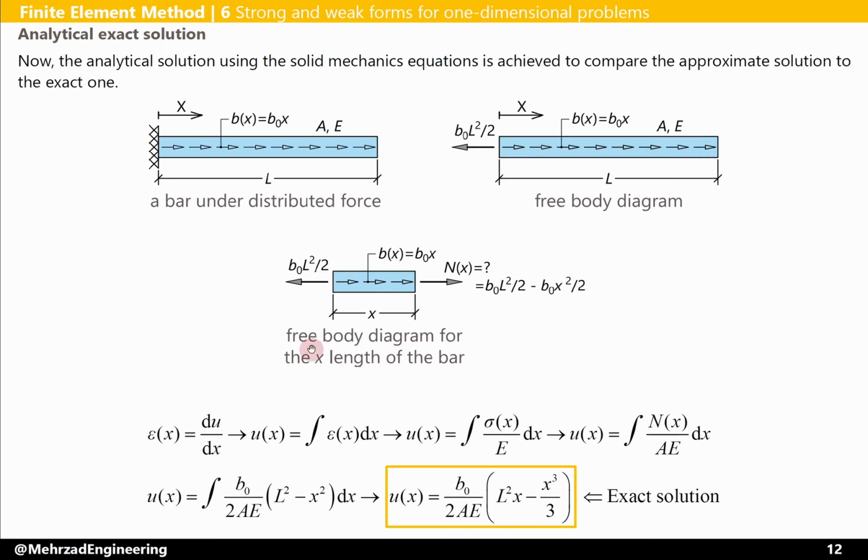Then we need to find a free body diagram for the x length of the bar. We consider an x length of the bar, and here is the reaction, and we apply the external distributed force b0 x, and on the internal section we need to apply N of x, the internal force, which will be equal to beta 0 L to the power of 2 divided by 2 minus beta 0 times x to the power of 2 over 2.